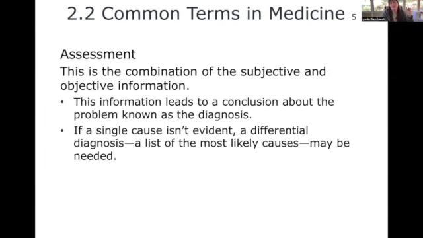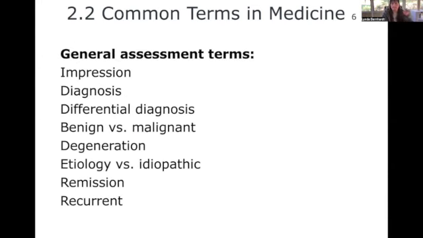Your assessment is a combination of the two previous. You're going to take what the patient said with what you have observed and put it all together in order to form the actual assessment. If it is not possible to bring it down to just a single cause, then you're going to have to give a list of things that it could possibly be, so you know what to look for.